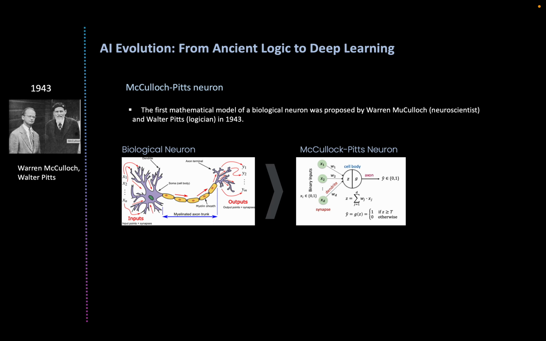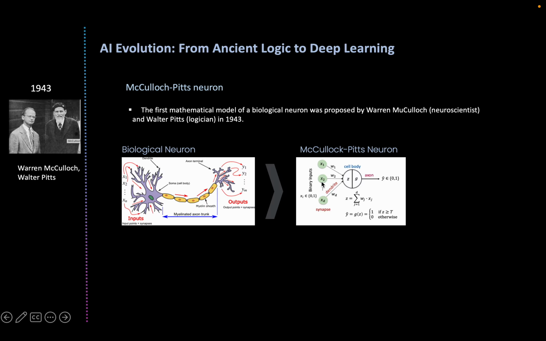biological neuron, and they came up with a mathematical model. They got inspired by how the neuron works and came up with a mathematical model. In this mathematical neuron, there is a cell body. The cell body receives information from the input vector, which is input data.